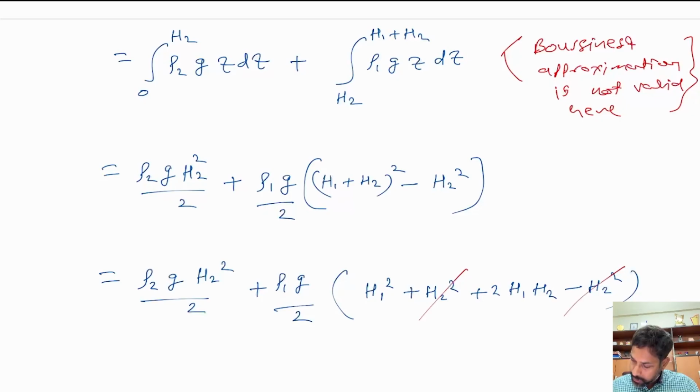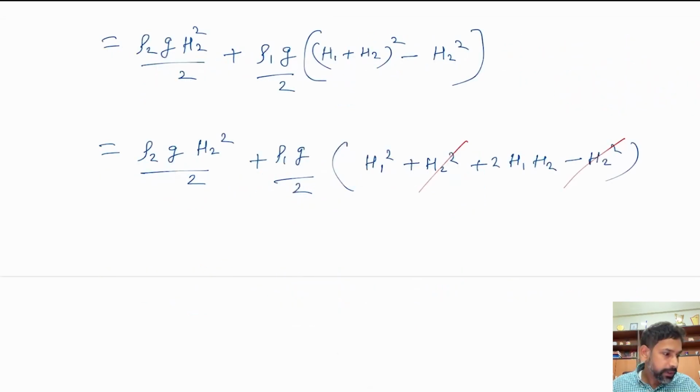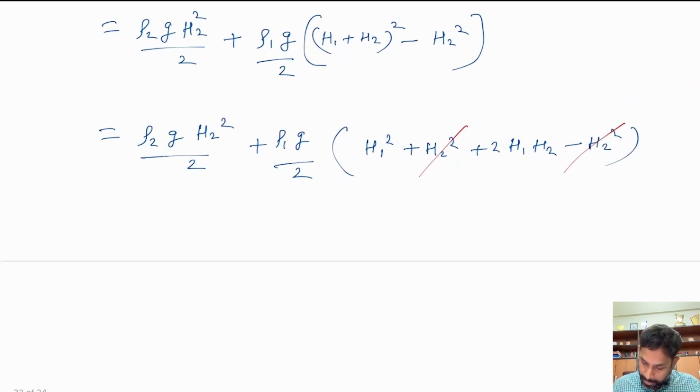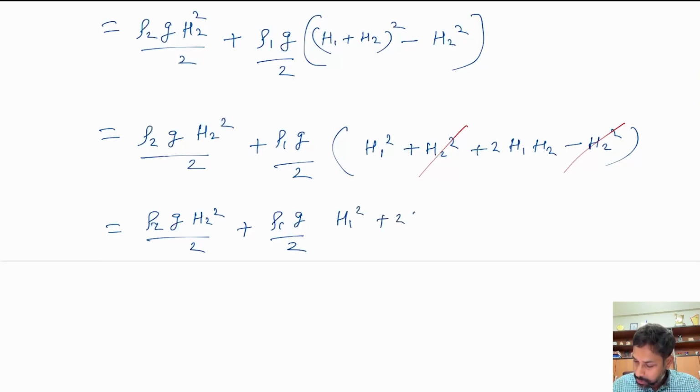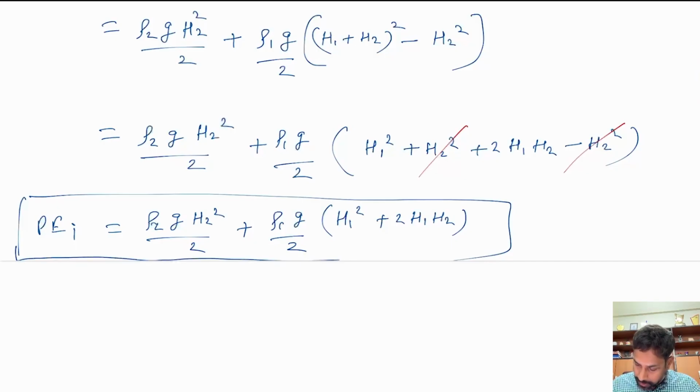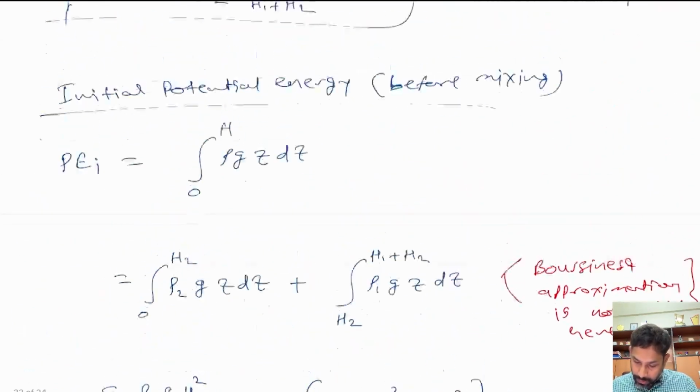So that obviously will cancel this one, and we will eventually get rho 2 g h2 square over 2 plus rho 1 g over 2 times (h1 square plus 2 h1 h2). Okay, this is potential energy initial, right? Which I think is correct.